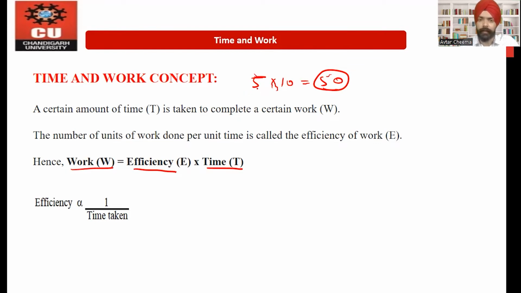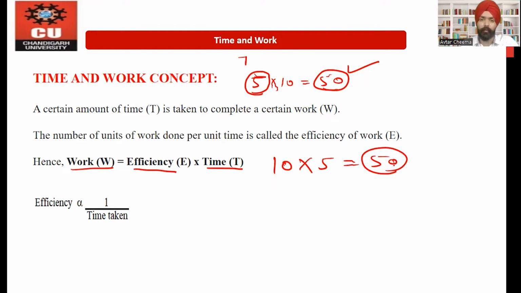If instead of making 5 units daily, you are making 10 units daily, then how many days are required to complete 50 units? You need only 5 days and you can complete 50 units.